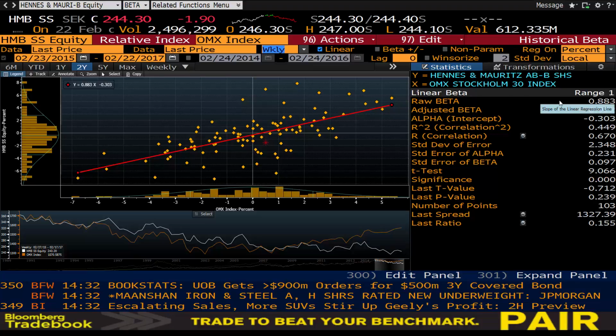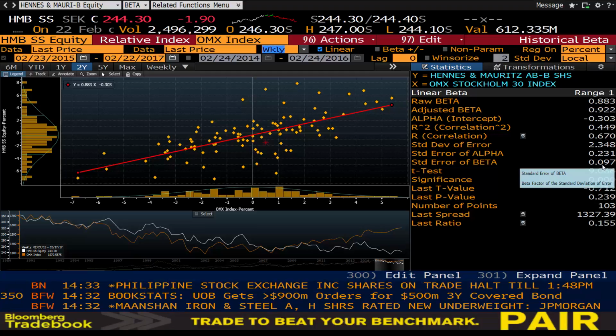In order to get the 95% confidence interval, you take the standard error, multiply it by 2, and then either subtract or add it to the beta. So my low range for the beta would be 0.88 minus 0.097 multiplied by 2. That would be roughly 0.7 perhaps, or 0.68, 0.69.